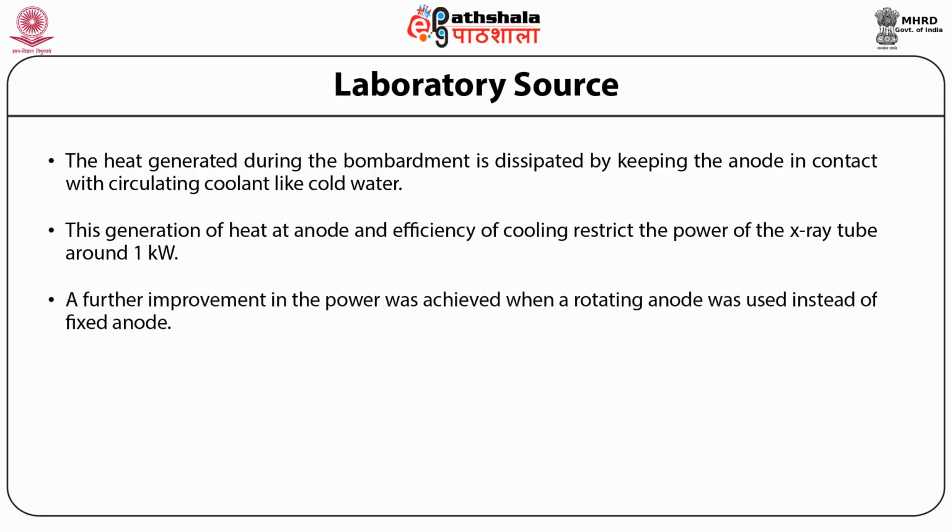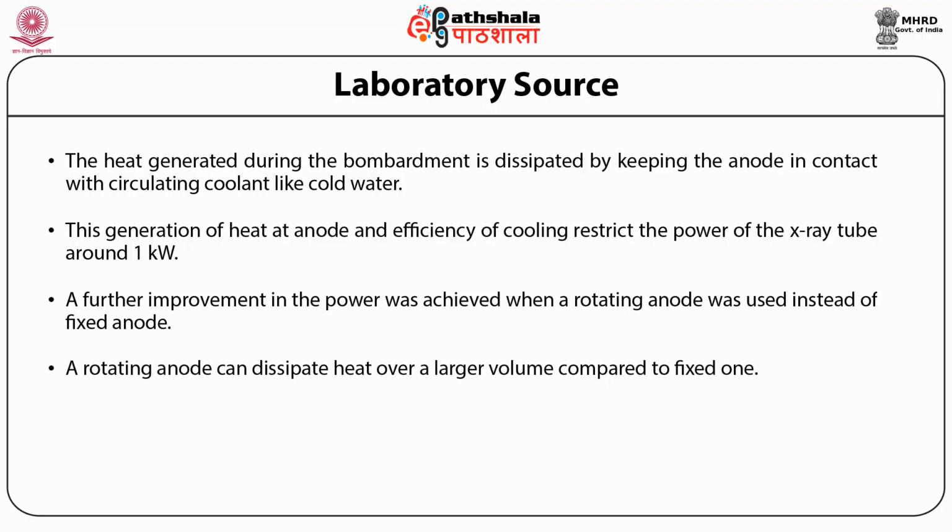A further improvement in the power was achieved when a rotating anode was used instead of a fixed anode. A rotating anode can dissipate heat over a larger volume compared to a fixed one.